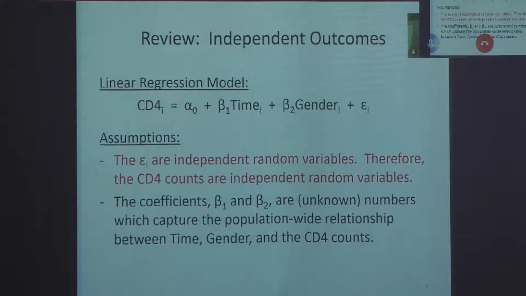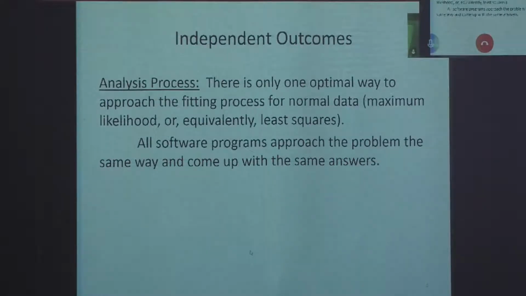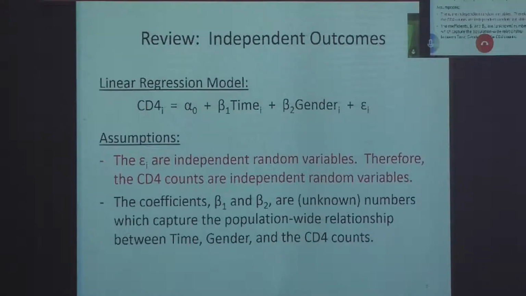And for comparing men to women, a binary predictor, beta 2 is the difference in CD4 counts between men and women. These are unknown numbers, but when we run the software, we'll have estimates for beta 1 and beta 2. And I'll show you in a minute what the results look like, but we'll know what the relationship is between time, gender, and CD4 counts.